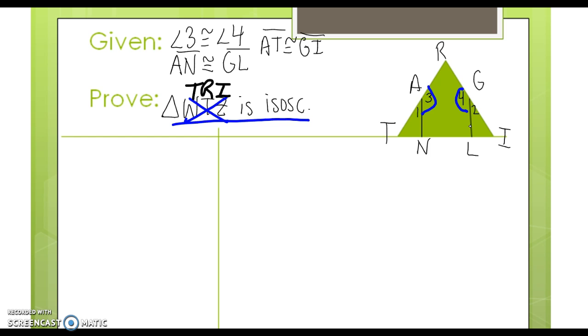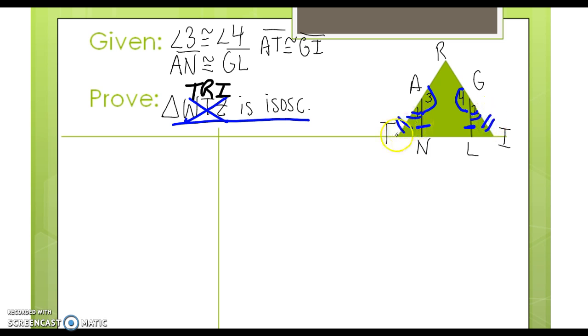So let's go back. Knowing angle 3 is congruent to angle 4, what does that get me? Well, that would get me angle 1 congruent to angle 2 because they are congruent supplements of 3 and 4. I'm given AN is congruent to GL, and I'm given AT is congruent to GI.